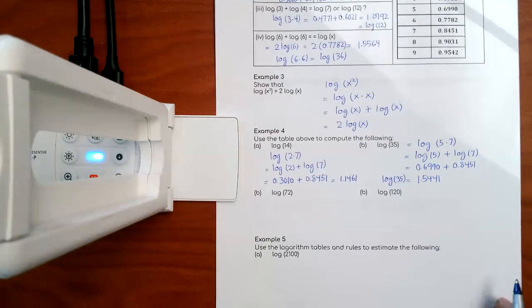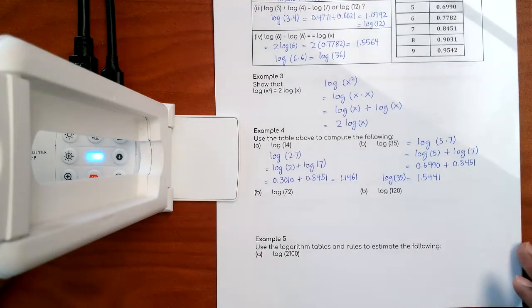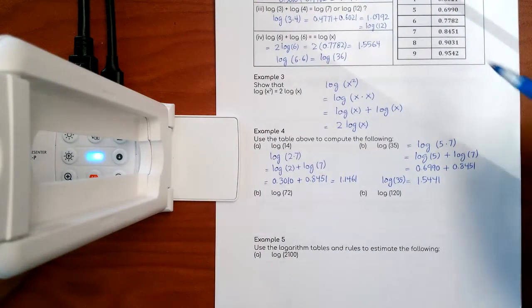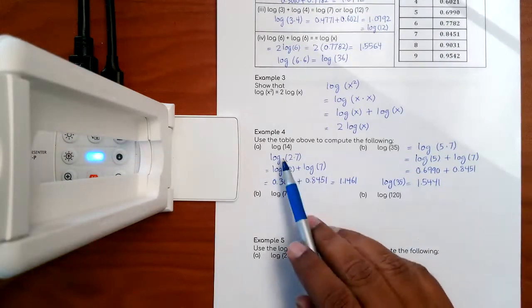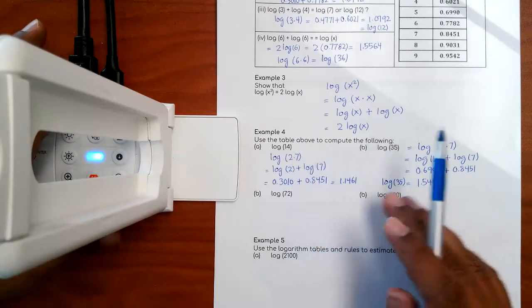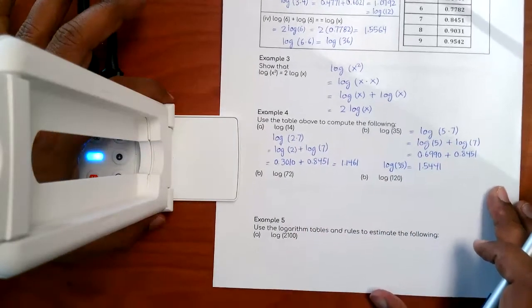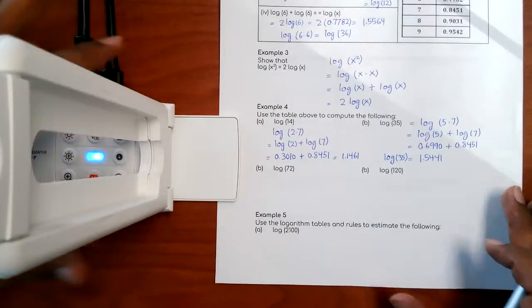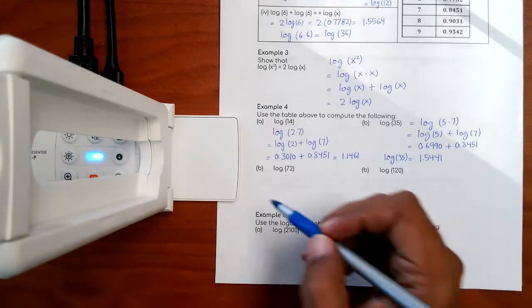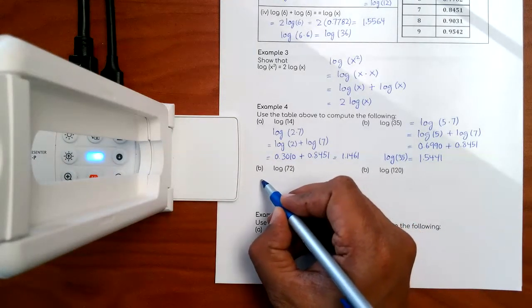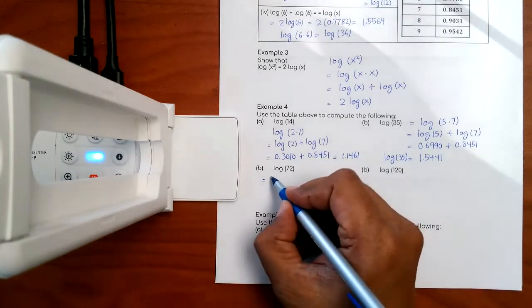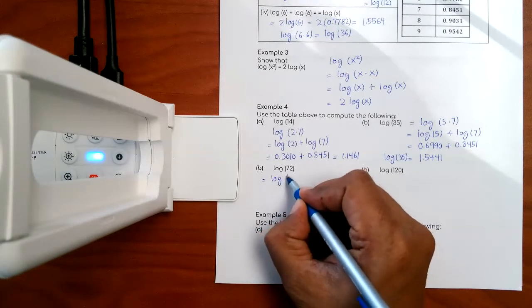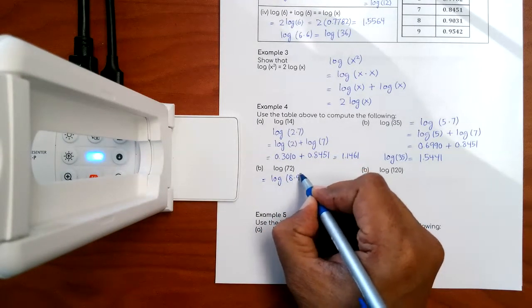Okay, all I need to do is make use of this table here, all the values given, and then split the number in terms of these factors and then solve it. So now we do log of 72. Log of 72 I can break down as 9 times 8. Okay, so let me write this as log of 8 multiplied by 9.